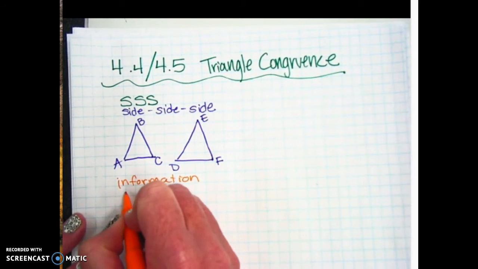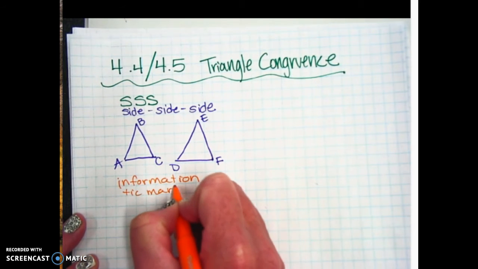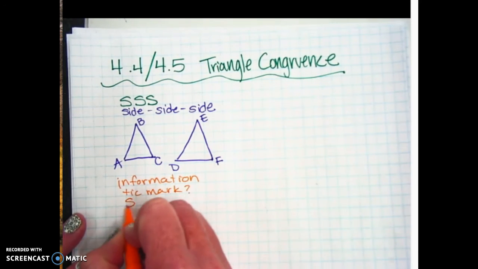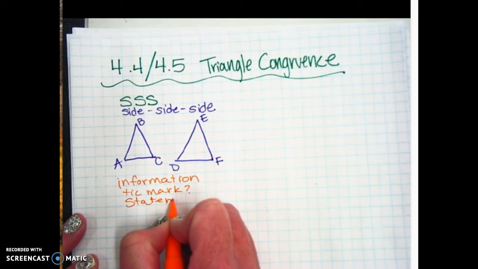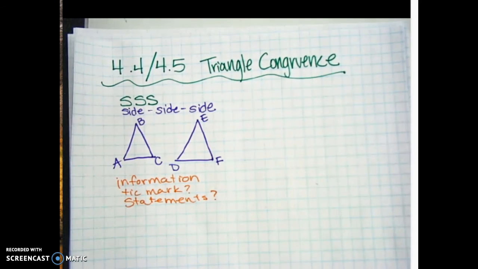Are you given any tick marks? Are there any statements? Anything that would indicate that these two triangles have parts that are congruent? Yesterday we went over that there are three sides and three angles.